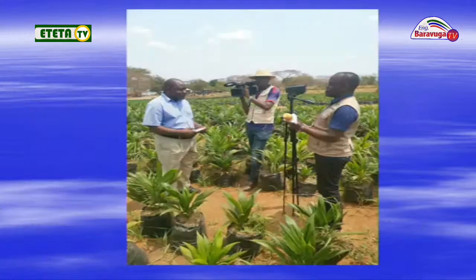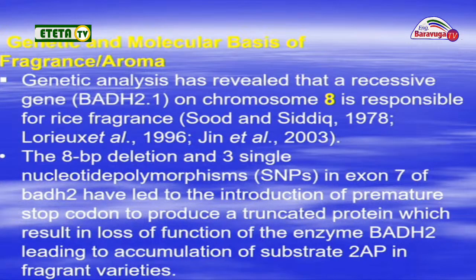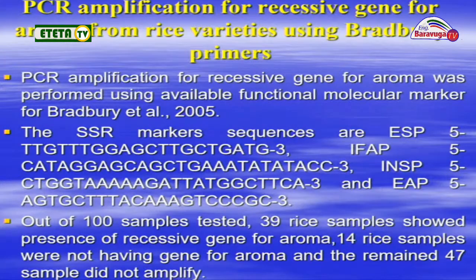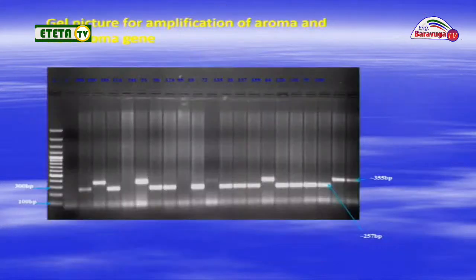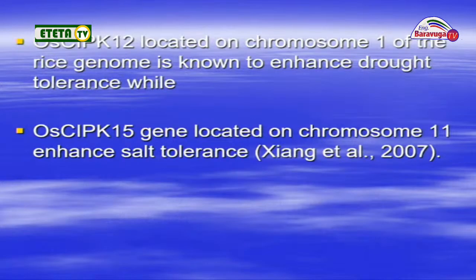Also, we have used this technology to identify the gene for aroma in rice, and also the gene for salt tolerance to confer resistance to drought. So this information is available.